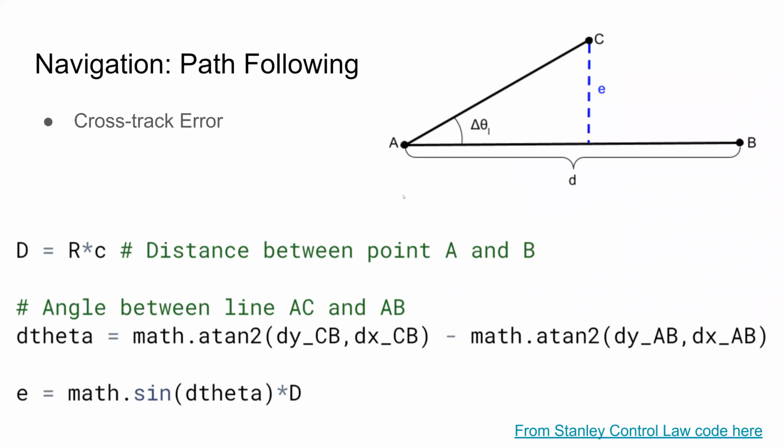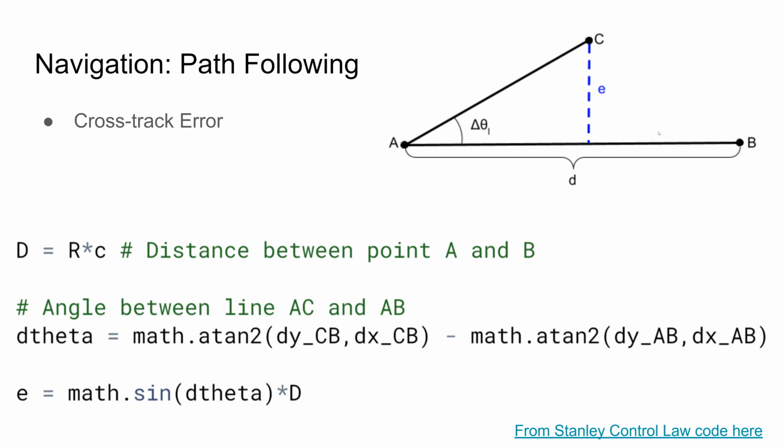So I'm going to go over how we actually went about coding and finding the cross-track error. If you remember the overall layout of our waypoints, we had waypoint A as the first waypoint, waypoint B being the waypoint that we're trying to navigate to, and then point C is where the robot is currently at.